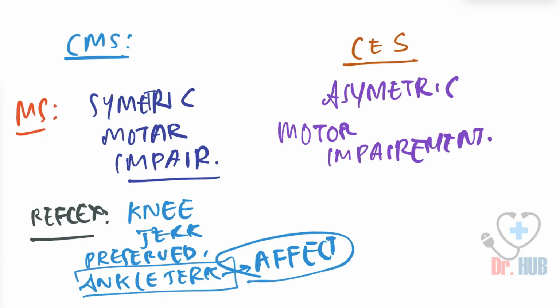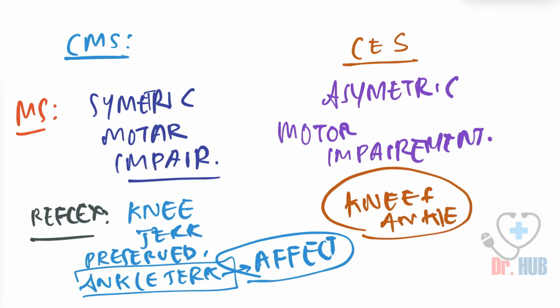This is important to note. And in cauda equina syndrome, both the knee and the ankle are affected. The knee plus the ankle, both are affected.